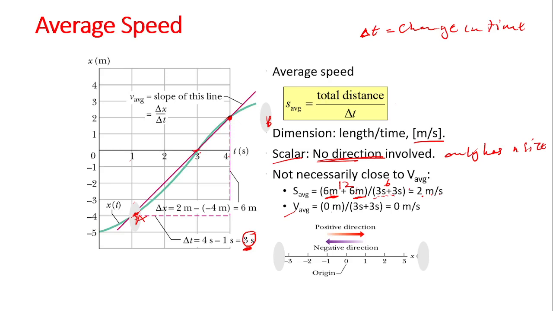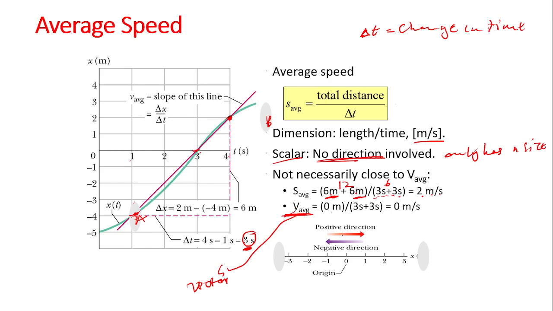Then if you talk of average velocity, because this one is a vector, okay? Remember, this is a vector. It being a vector, you are going to consider the direction. So when this object moved from point A to point B, it was moving in the positive direction.